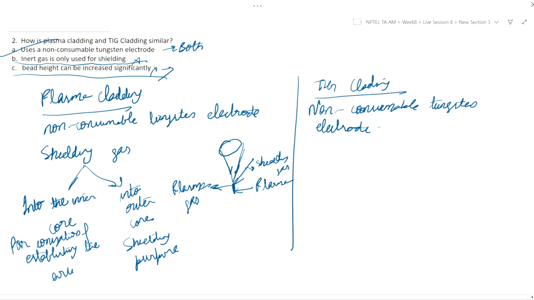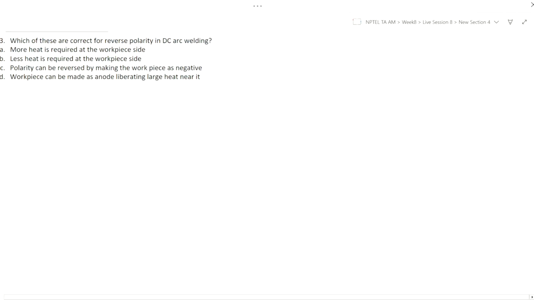Next question. Which of these are correct for reverse polarity in DC arc welding?